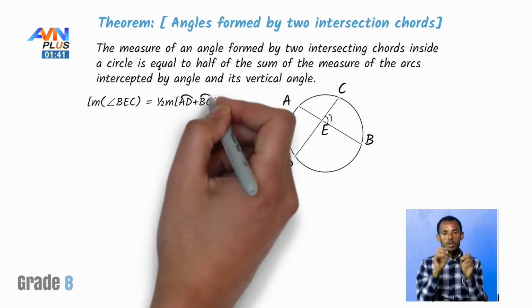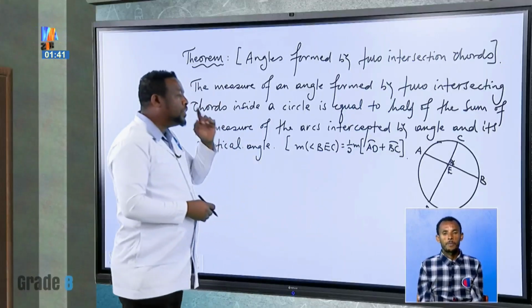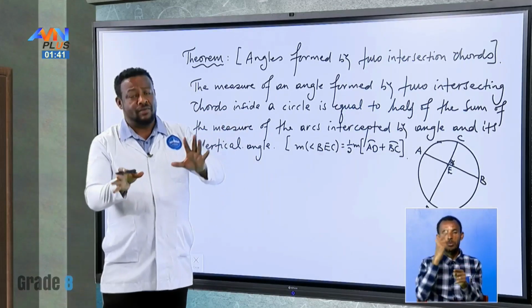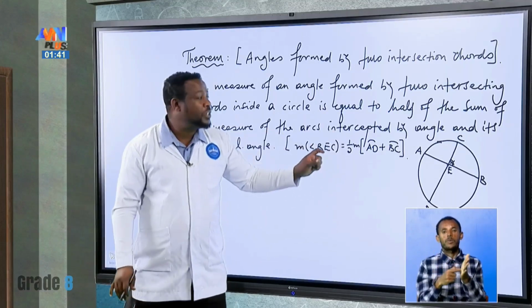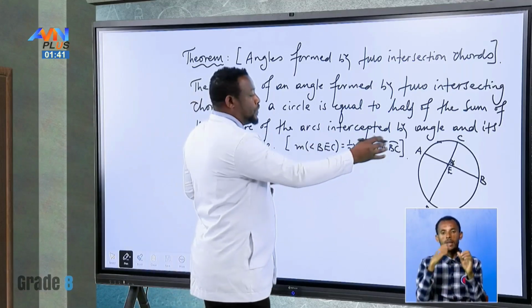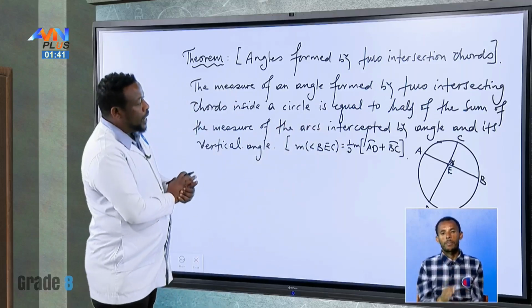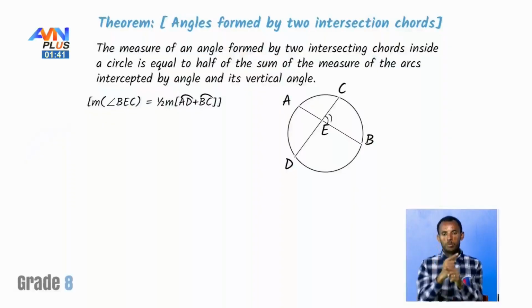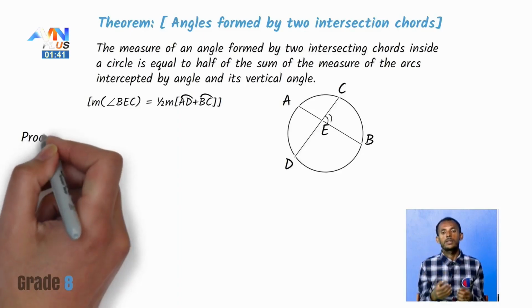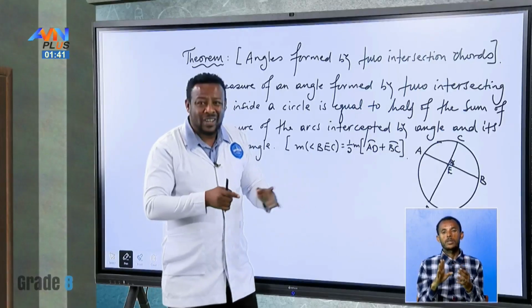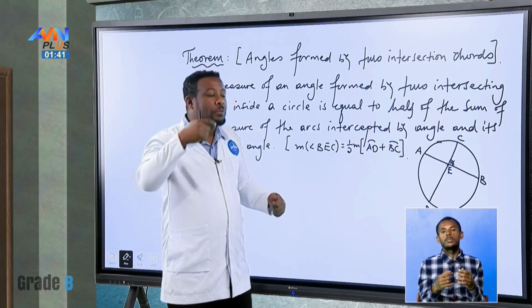Now I will try to prove this very shortly. I will show you how this result can be proved. To prove this theorem, let us construct or join some other points.